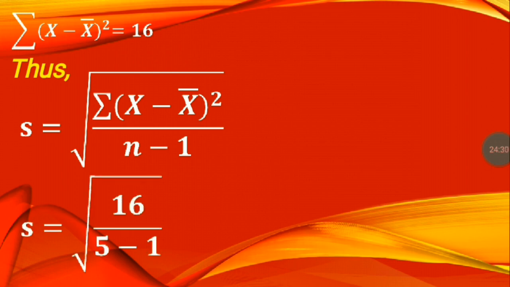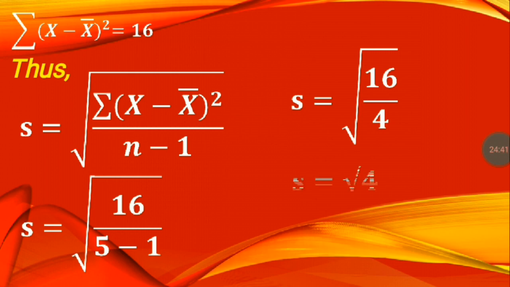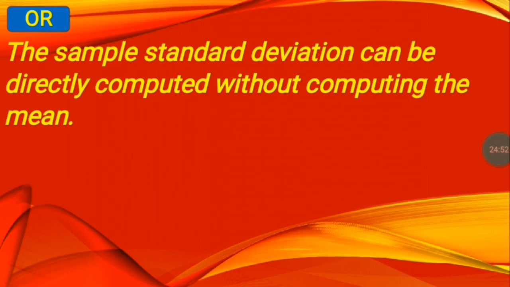So you have the sample standard deviation is equal to the square root of 16 over 5 minus 1. Then the standard deviation is equal to the square root of 16 divided by 4. Our sample standard deviation is the square root of 4. Then our s is equal to 2.